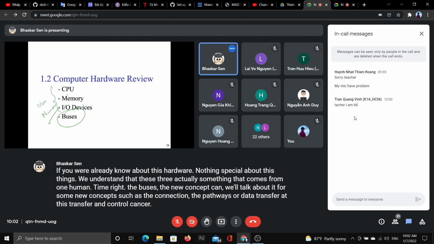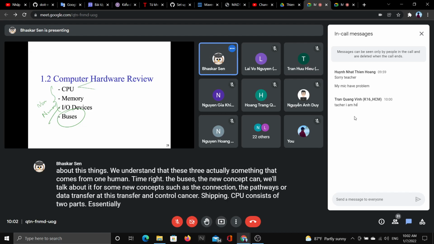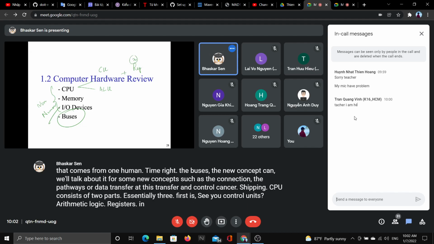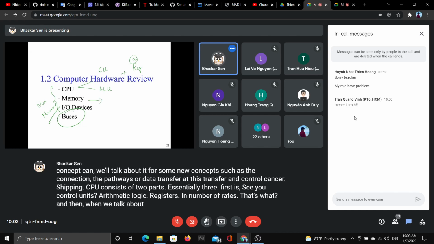CPU. The CPU consists of two parts, essentially three. First is the CU, control unit, the arithmetic logic unit, and registers, n number of registers. And then when we talk about memory, we talk primarily about RAM and ROM.